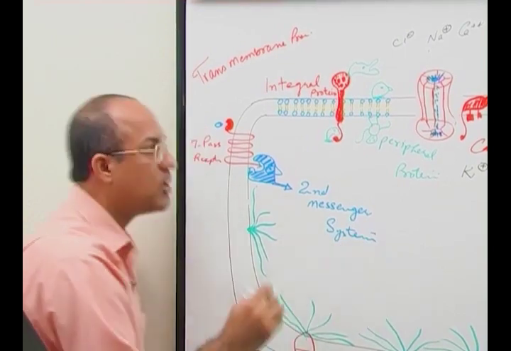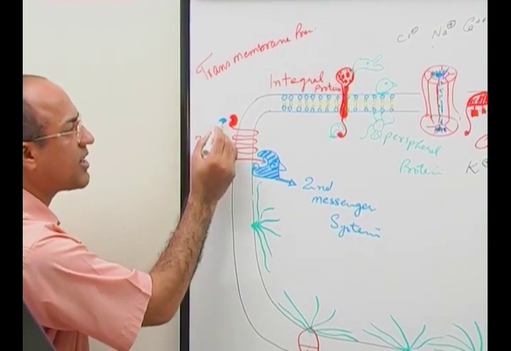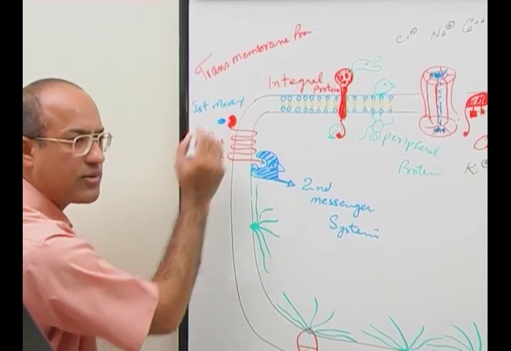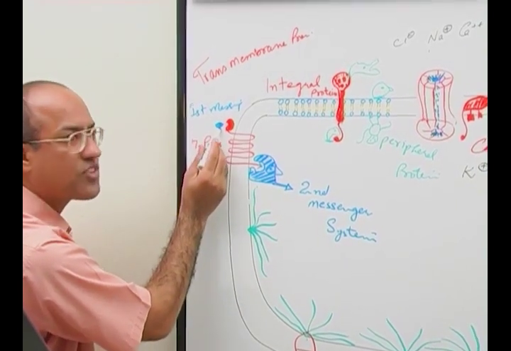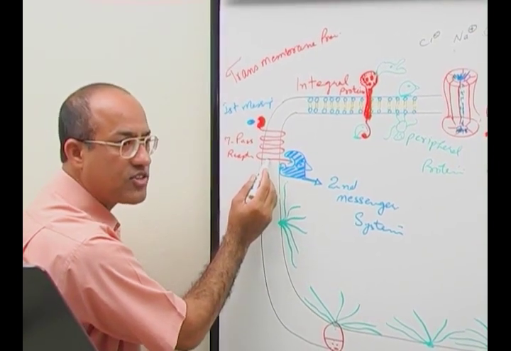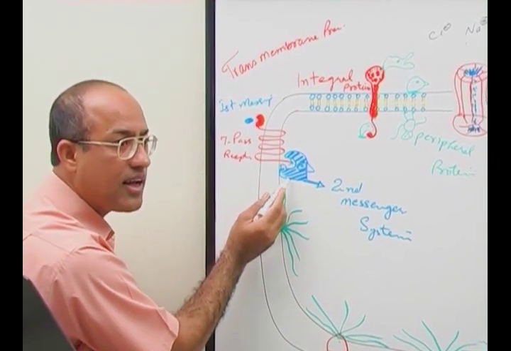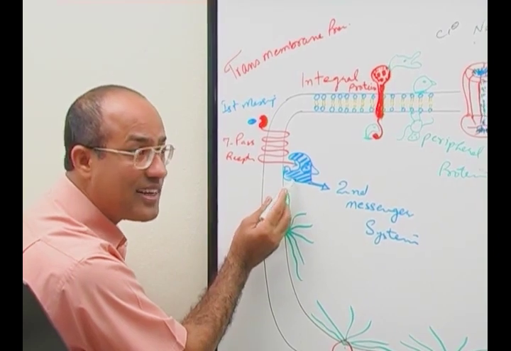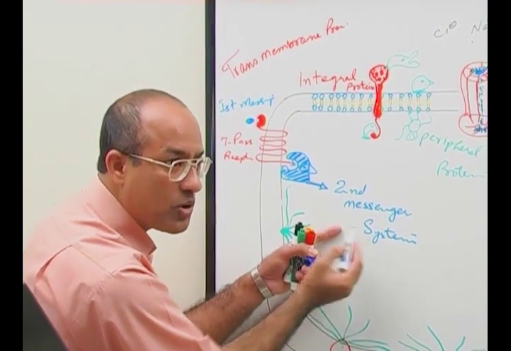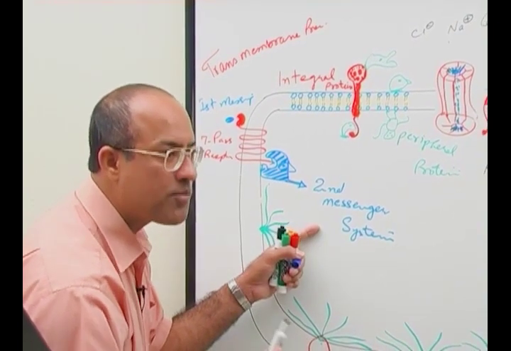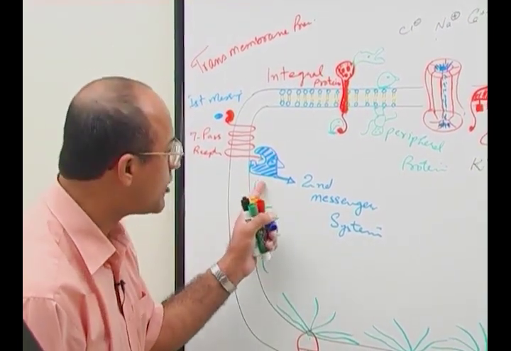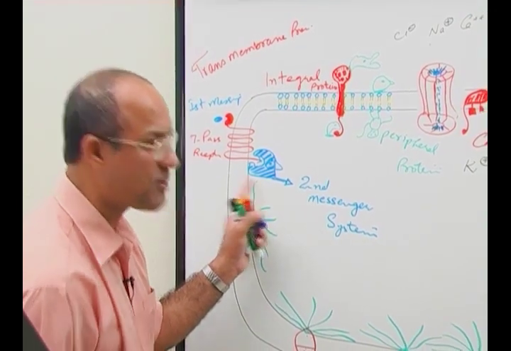Actually, let me tell you. Suppose the hormone which comes here, that is the first messenger. When a hormone comes to a cell, that is the first messenger, and the first messenger works with the receptor. The receptor activates some other intracellular protein, and that intracellular protein produces the second messenger. So in some books they say proteins related to the second messenger system are also peripheral proteins.